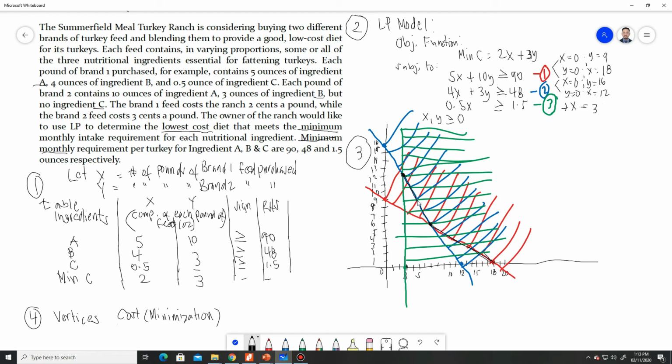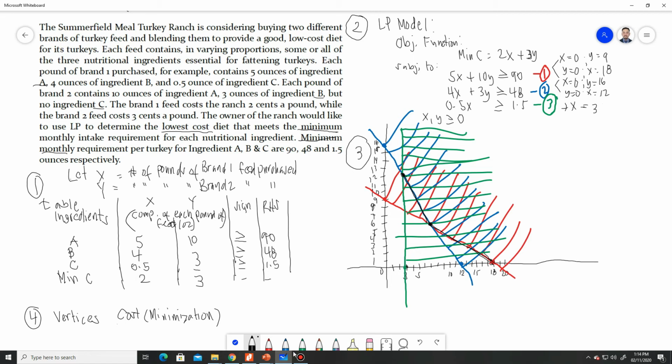So this shaded region is also called the feasible region, where the optimal or the initial optimal solution is found. Okay, so we will find in which vertex the answer is.